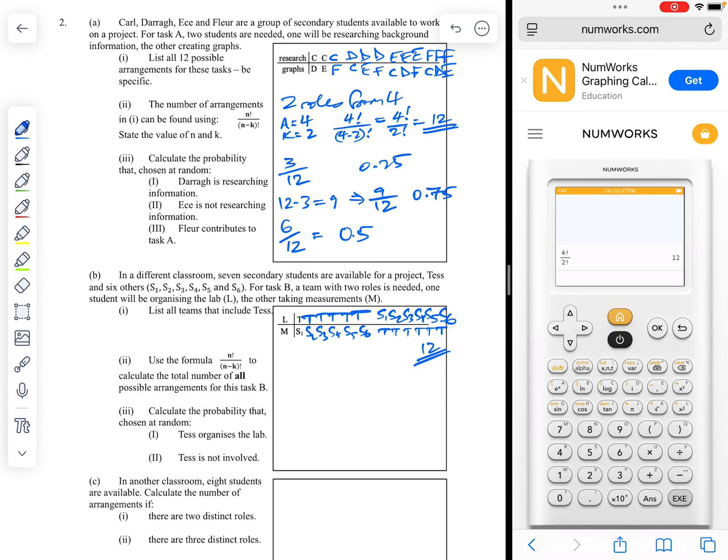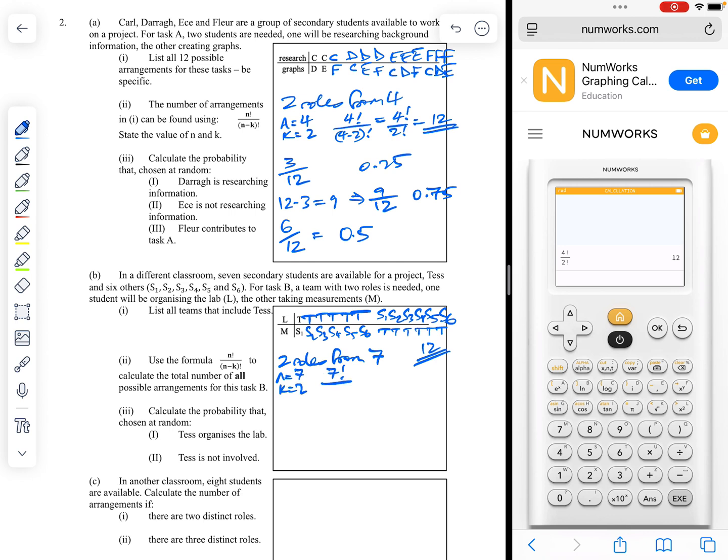Number 2, use the formula. Here it is again, the permutation formula. What's the total number of all possible arrangements? Well, it's like in the question above. Here we've got 2 roles from 7 people. So n is 7 and k is 2.